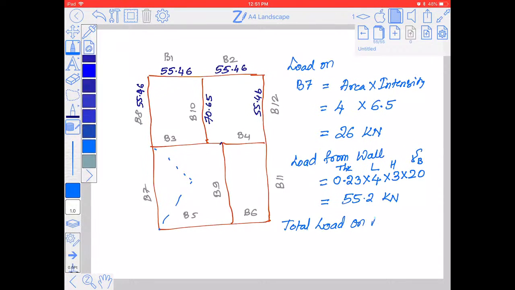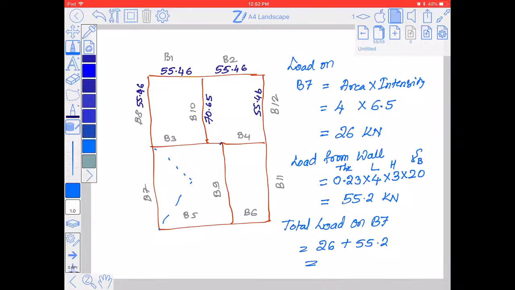So what is the total load on B7 is equal to how much? Total load on B7 is equal to 26 plus 55.2. How much it will be? 26 plus 0.23 into 4 into 3 into 20. Exactly, Prashant. It should be 0.23, not 23.